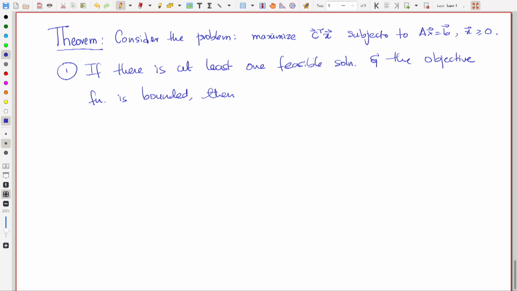If either of these conditions does not hold, then there is no optimal solution, but the converse is true. There is an optimal solution.